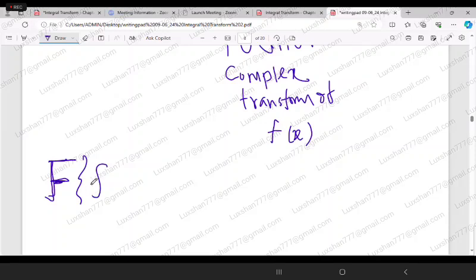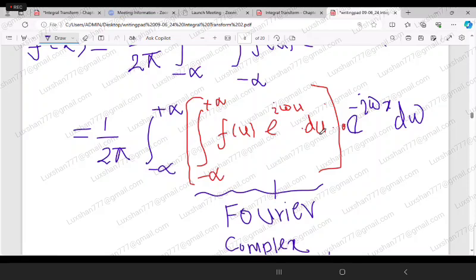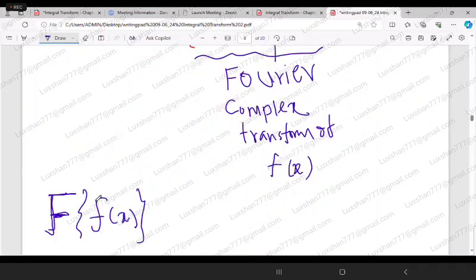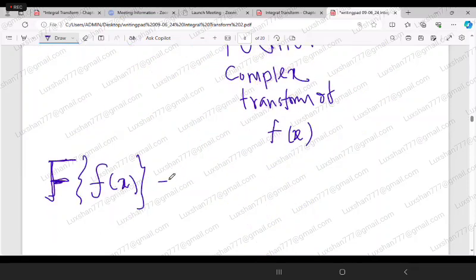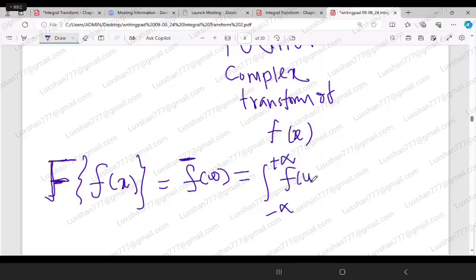The Fourier transform of f(x) is equal to, here our variable of integration is u, and our secondary variable is omega. Therefore, the answer will be in omega. The Fourier transform of f(x) will be equal to f bar of omega, which equals the integration from minus infinity to plus infinity of f of u e to the power i u omega du.